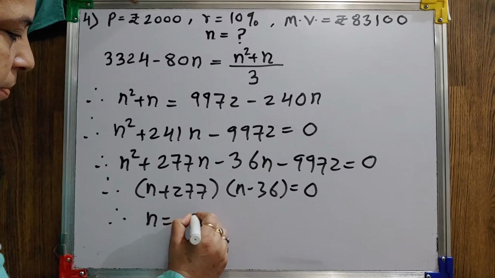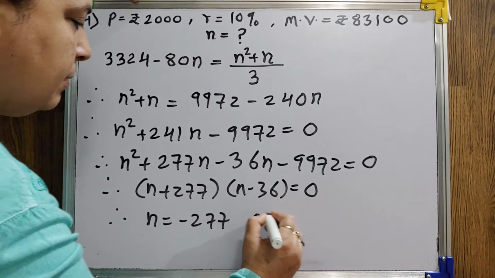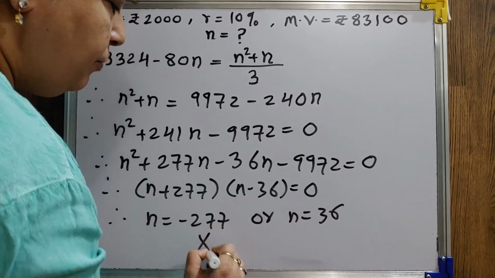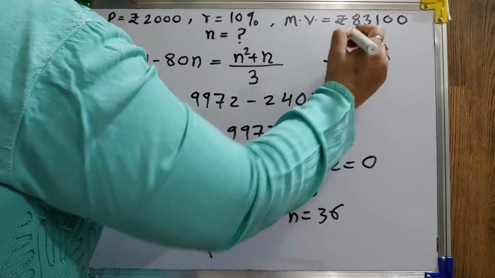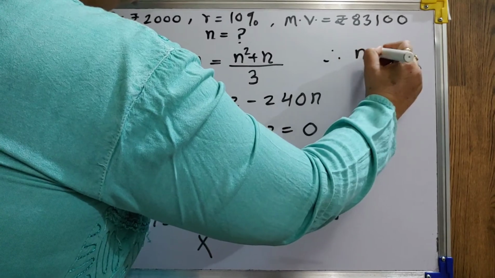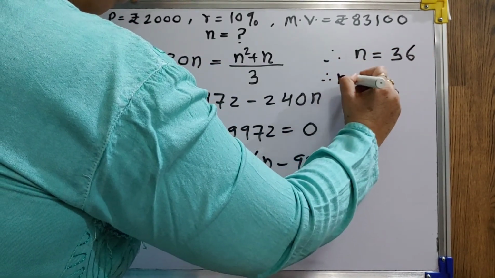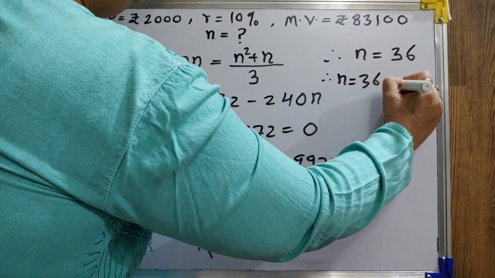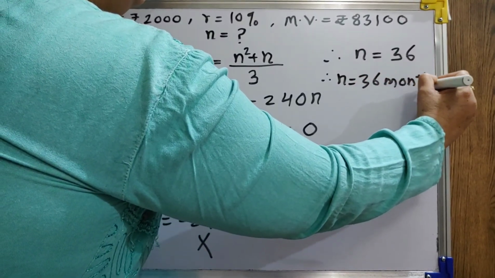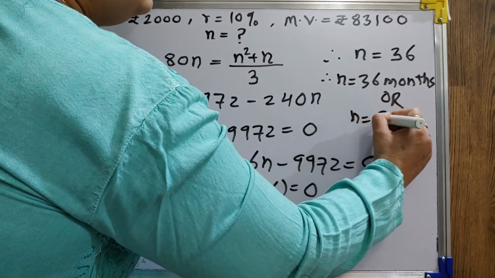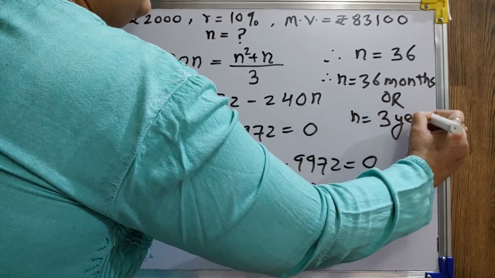So your n will be minus 277 or n is 36. Negative value you have to discard. Number of months can never be negative. So your n is 36. So either you write 36 months or you can write it is 3 years.